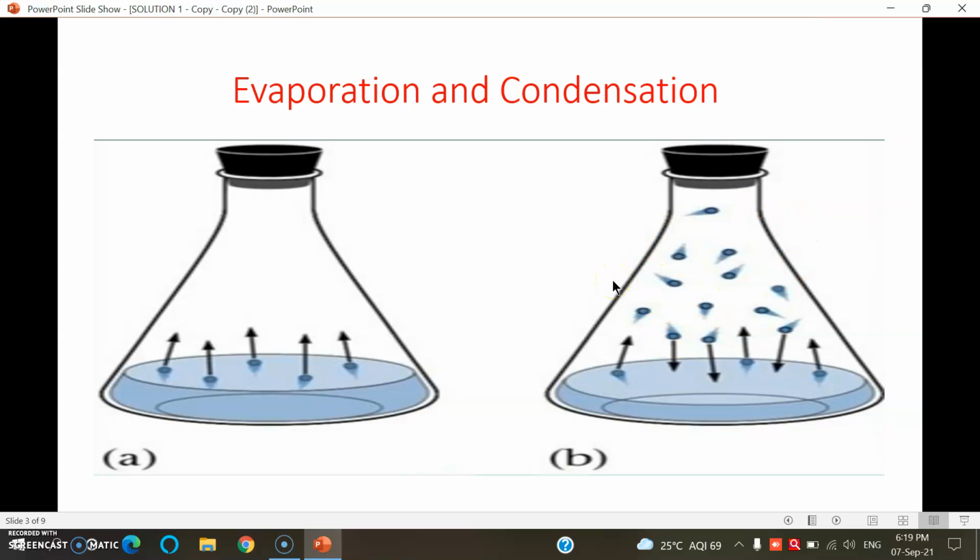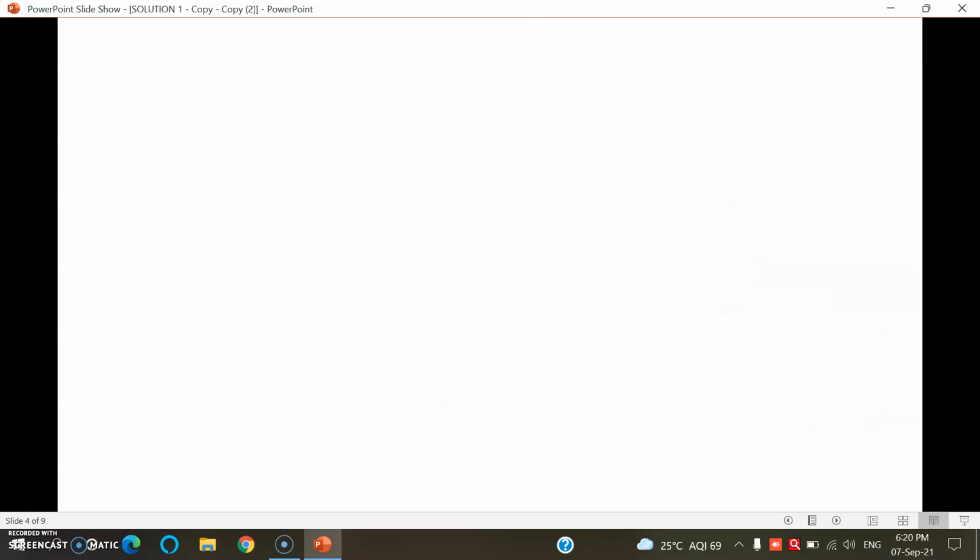As the gaseous molecules increase, the rate of condensation also increases, and at a particular stage the rate of evaporation is equal to the rate of condensation, that is equilibrium. Equilibrium is established between two phases of a substance, between liquid and vapor. The pressure exerted by that gaseous molecule on the liquid surface is the vapor pressure.